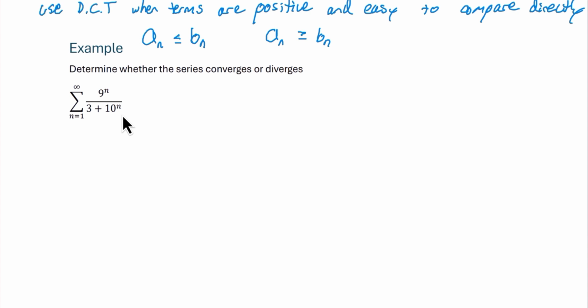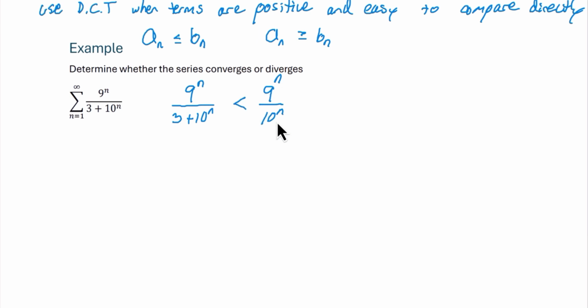So let's see if we can use that idea. 9 to the n divided by 3 plus 10 to the n. If we compare that to 9 to the n divided by 10 to the n, notice we're removing 3 from the denominator. If we remove 3 from the denominator, it is getting smaller, which means the fraction is actually getting bigger. So we have less than.